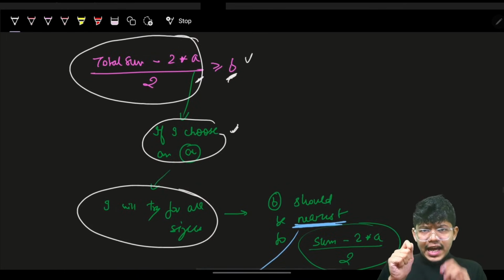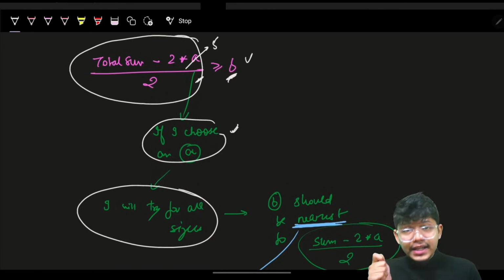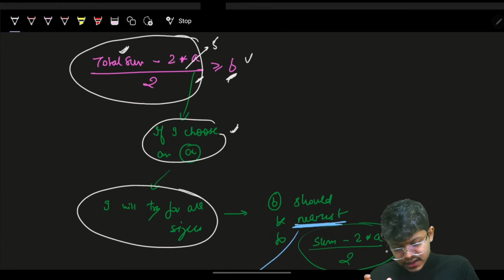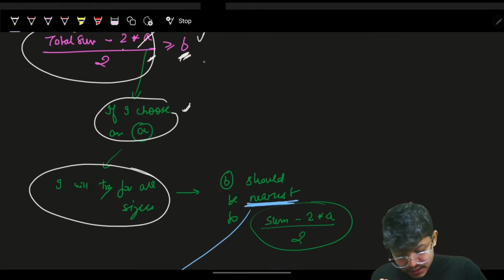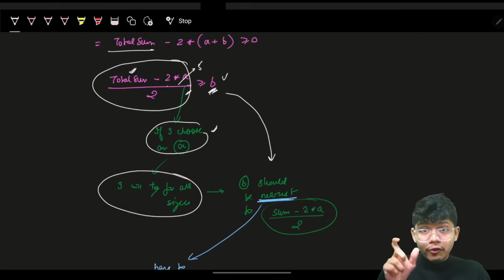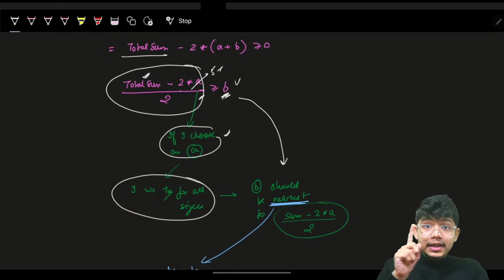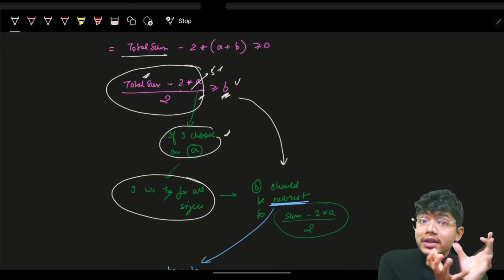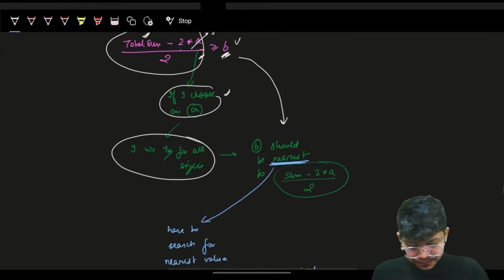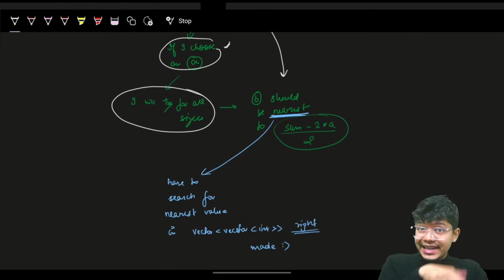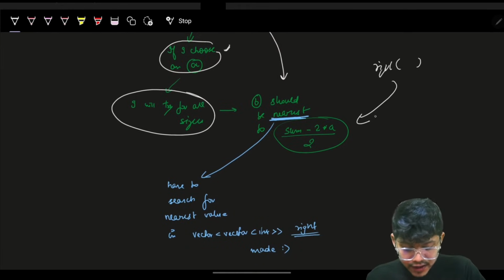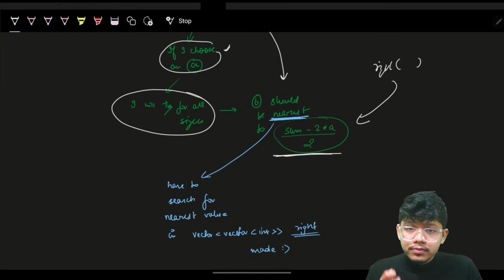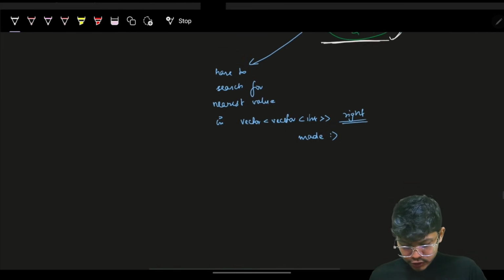When I have fixed a to 5, the total sum is fixed, and with 2 into 5, I'll get a value of b. Again, the value of b will be found in the right array which I have built. In that I will try to find the value which is as close to sum minus 2 into a by 2. We'll see this by example also.